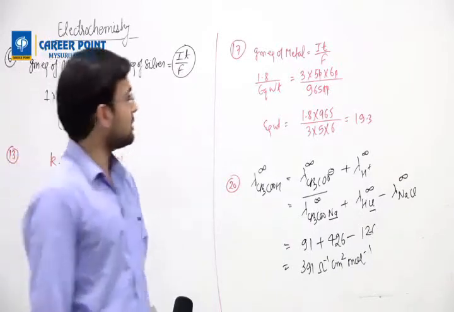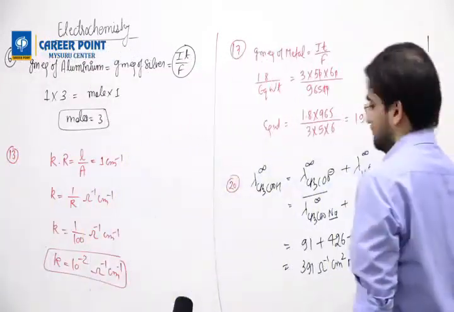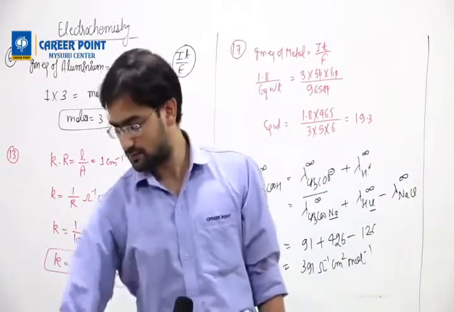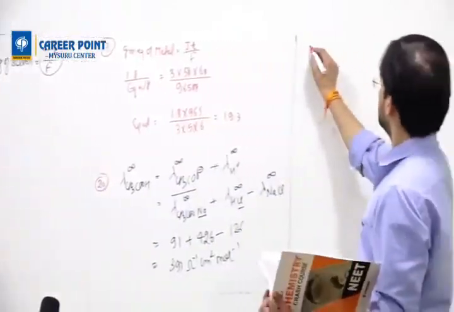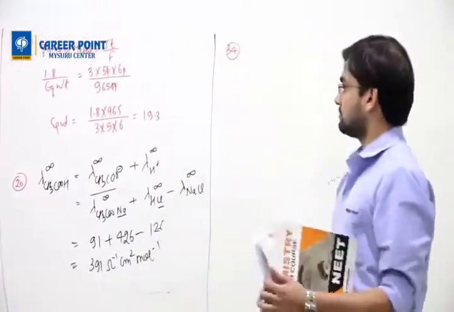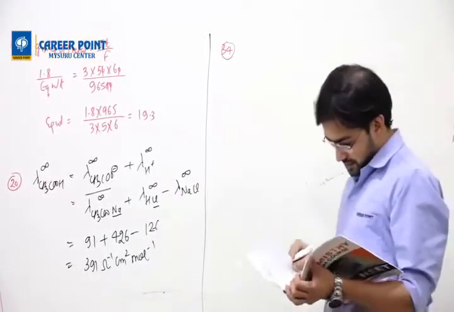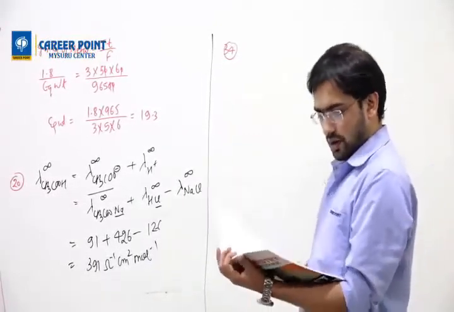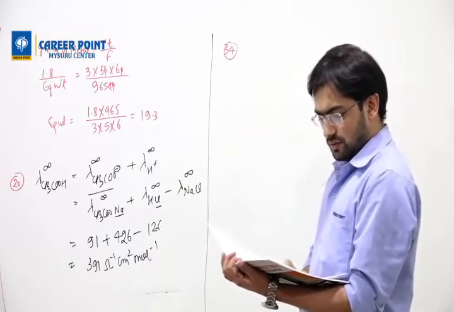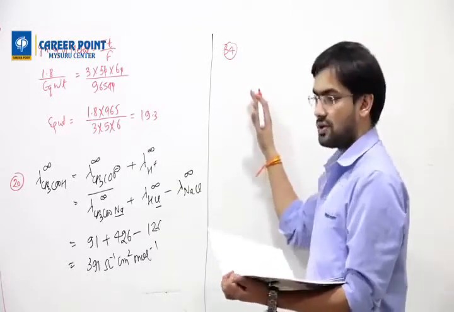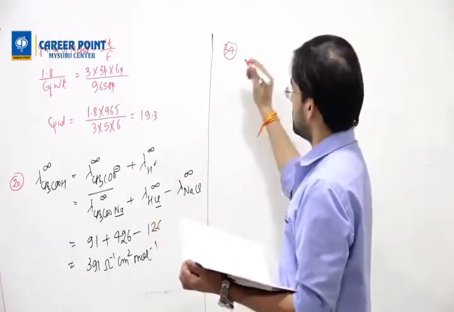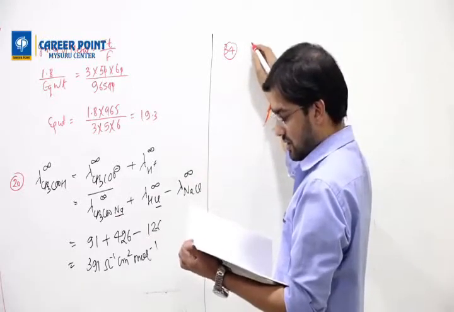Then question number 34. Question number 34 is the value of, now can you solve the same question? Same question as 34, I'll write directly, okay?